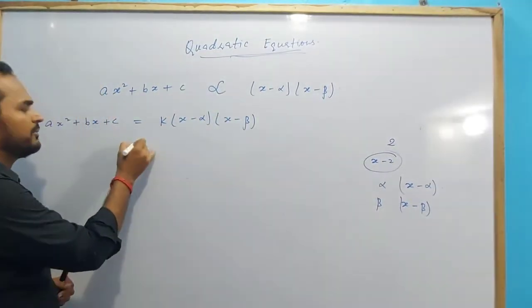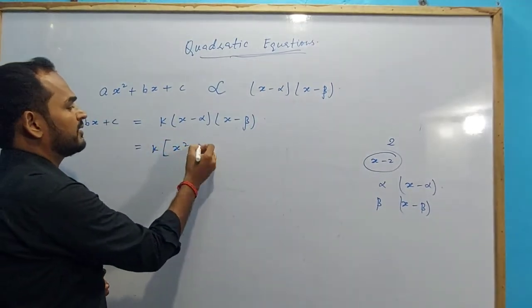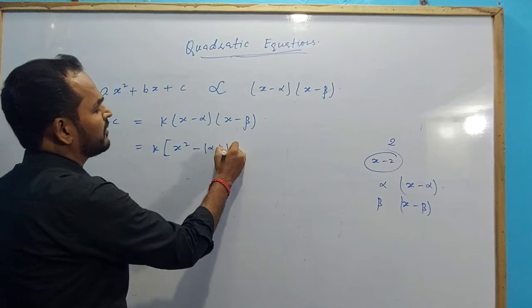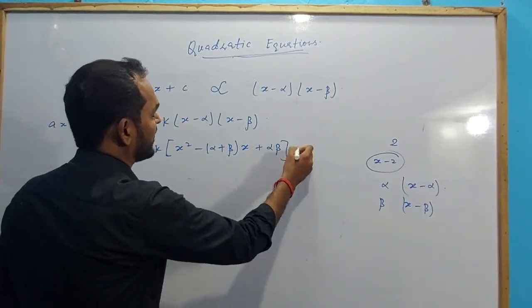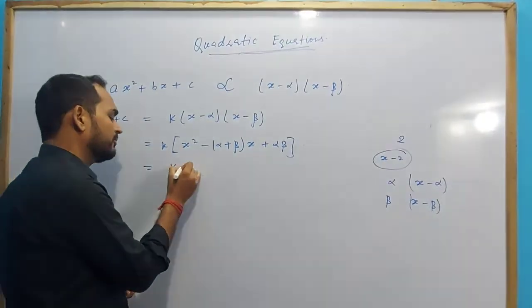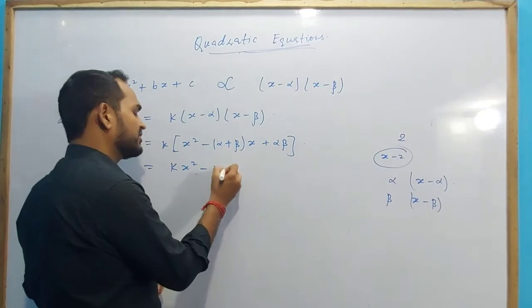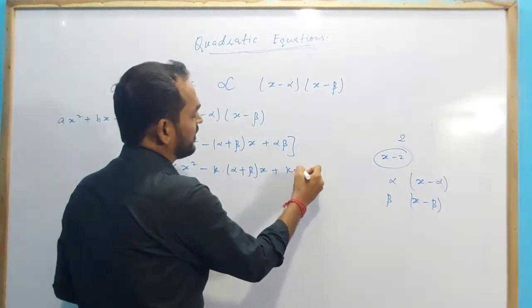Okay, now multiply. So x square minus alpha plus beta into x plus alpha into beta. You have multiplied it, now multiply with k. It will become kx square minus k into alpha plus beta into x plus k alpha beta.